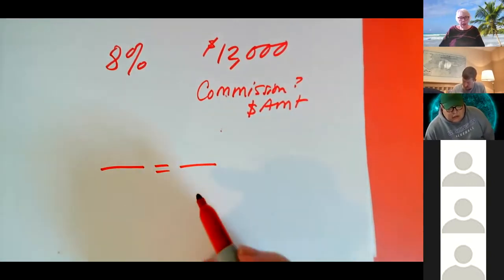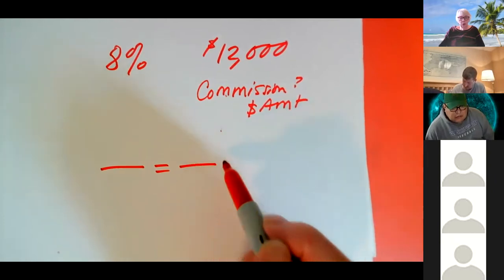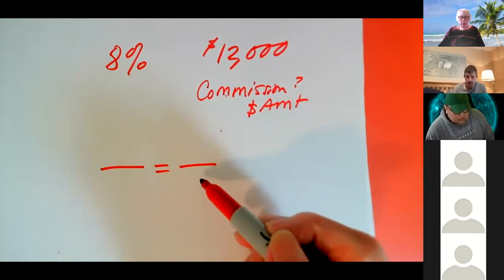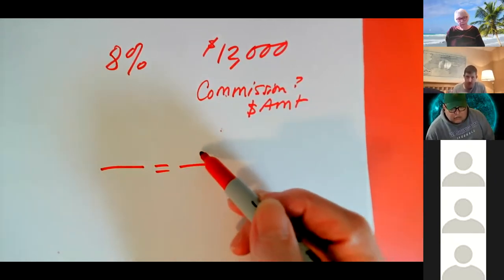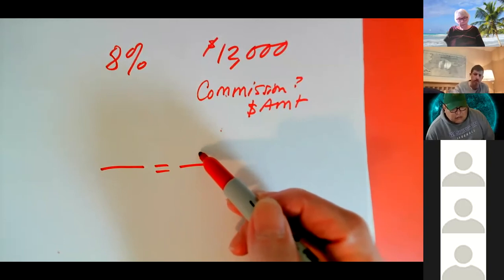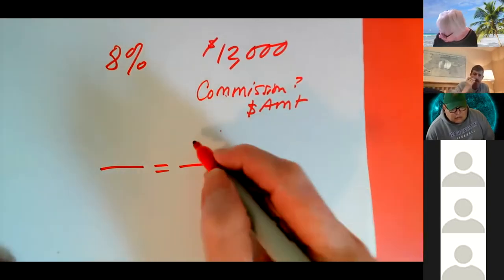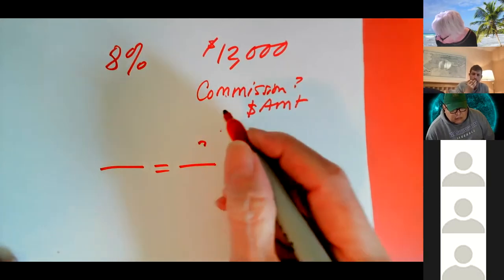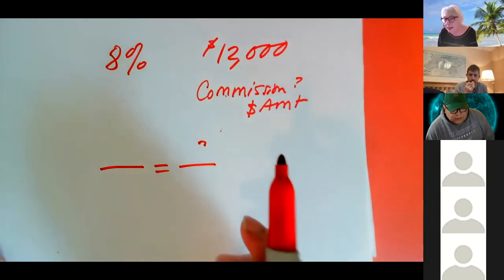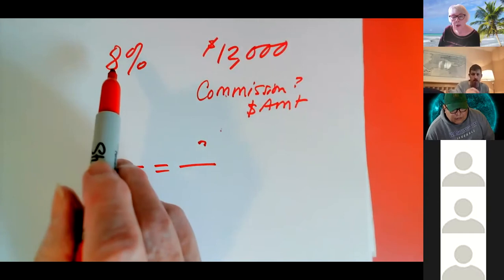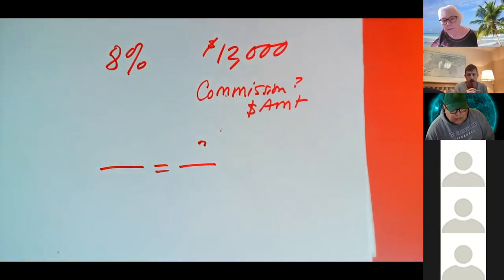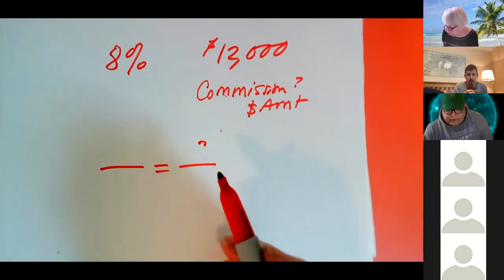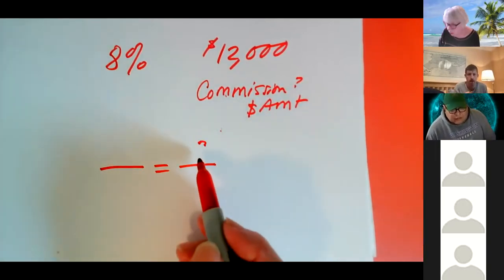So I would suggest, as a proportion, deal with the percent first. Can anybody put the numbers in here? 8 over that one. That one's X or P or C or whatever letter you want to give it, but we actually know it this time. It would be 8 over 100.